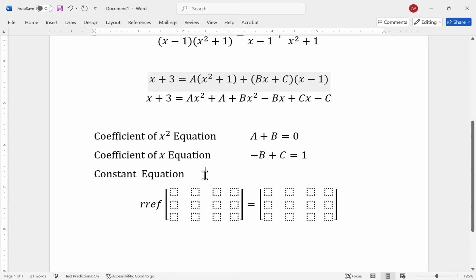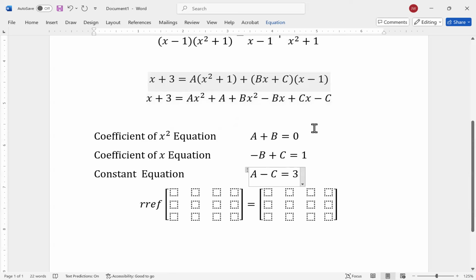For the constant equation, I'd have a minus C on the right-hand side, and that's equal to 3 on the left-hand side.